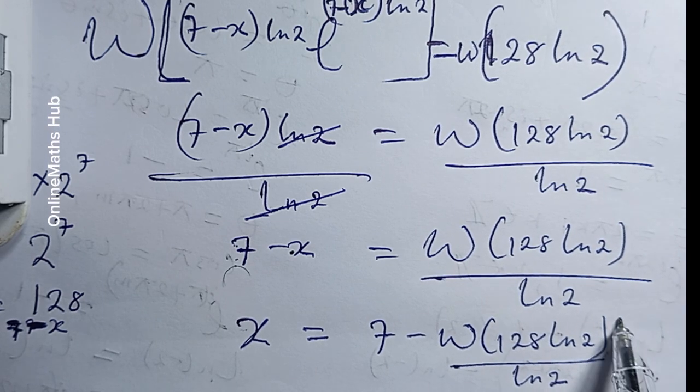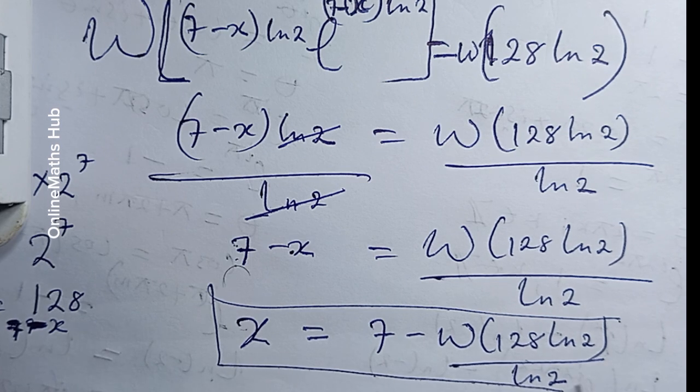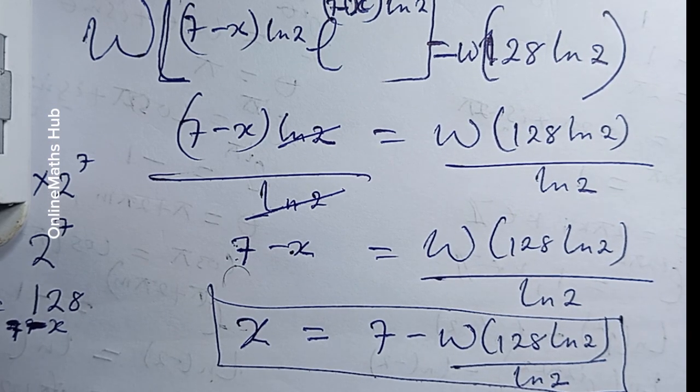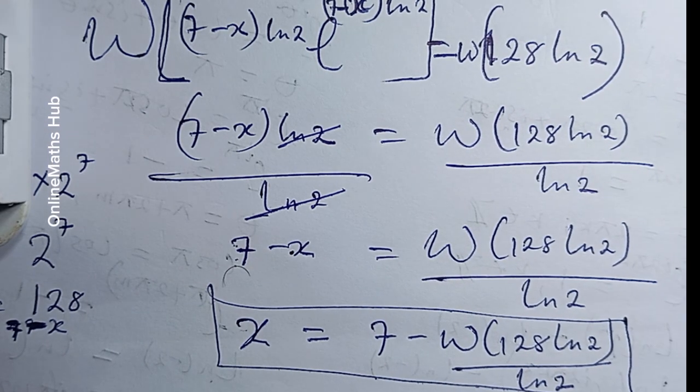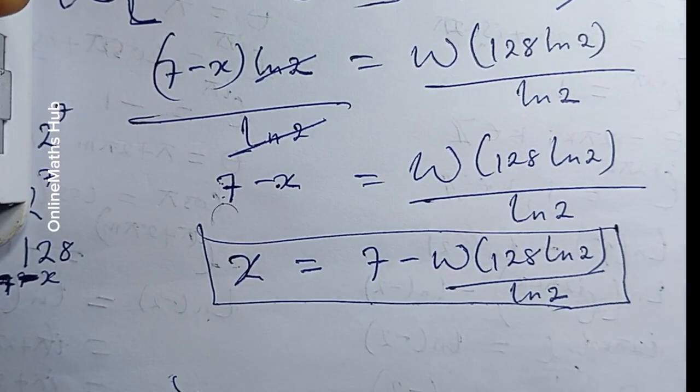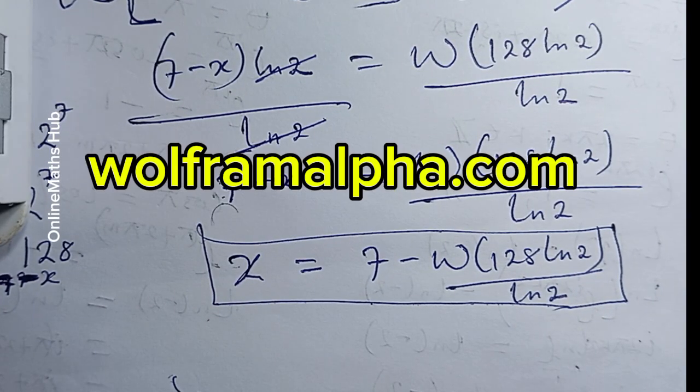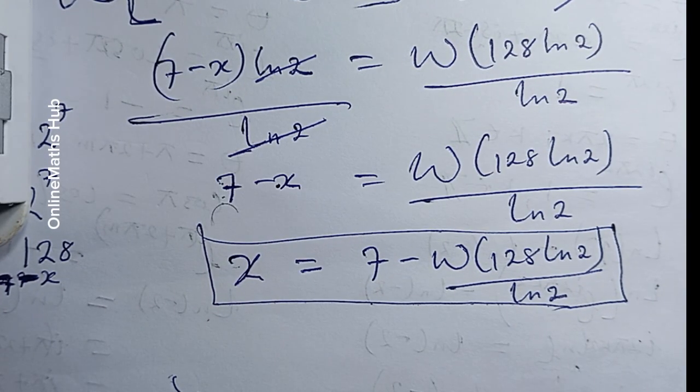Okay, so this is actually going to be the value for x, but then you may also want to find out the decimal representation of the value of x. So you can go over to wolframalpha.com so that you get the decimal approximation of what x is.